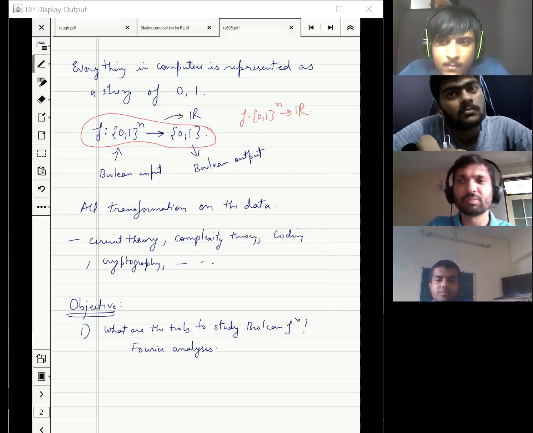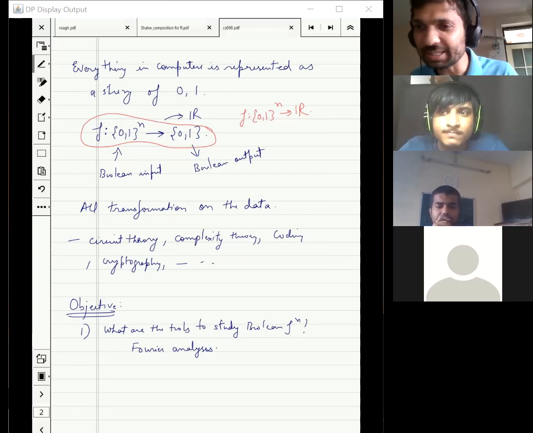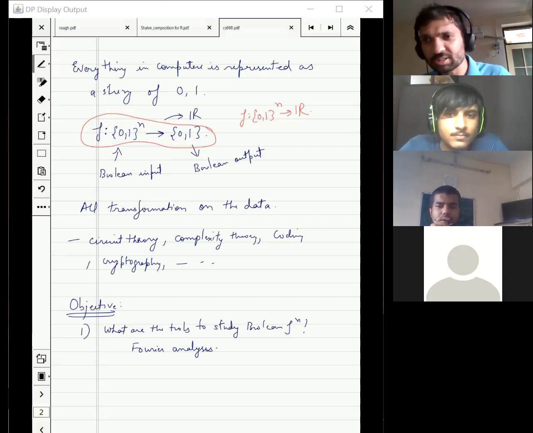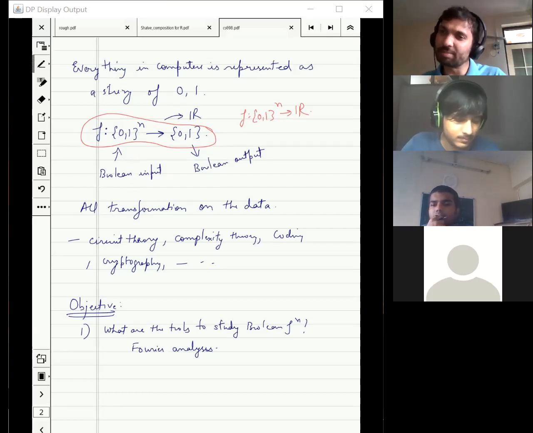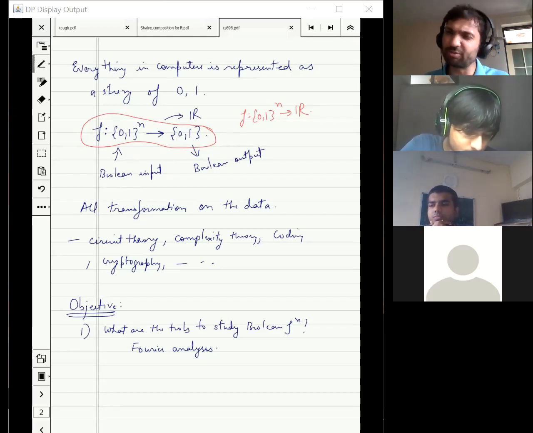Okay. So the good thing is that you don't have to worry about it, because the kind of Fourier analysis people see in signal processing is slightly different. The domain there is real numbers or complex numbers. There is some similarity when we come to the Boolean hypercube and how we define Fourier analysis, but then it is completely different. The motivation will come from how Fourier analysis is done on real numbers, and I will talk about it.